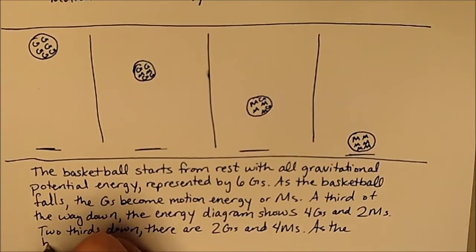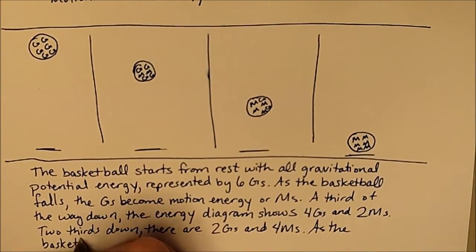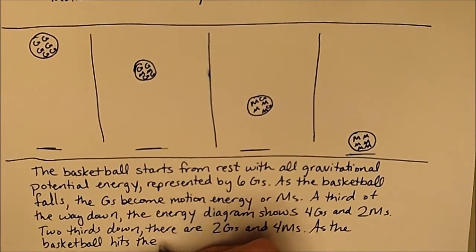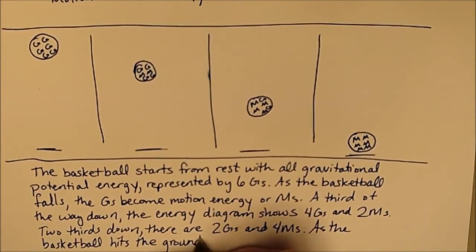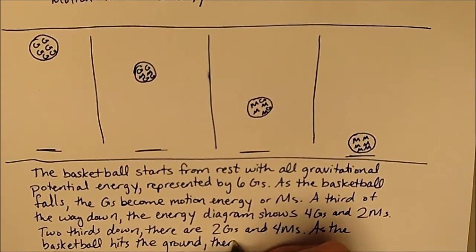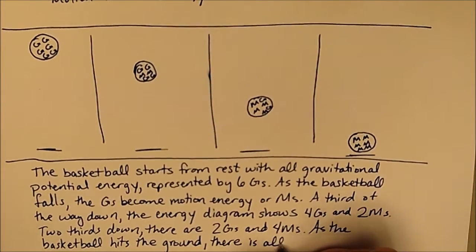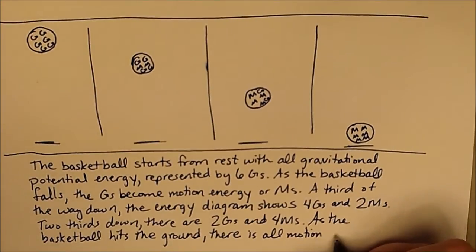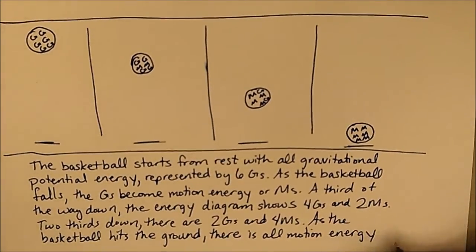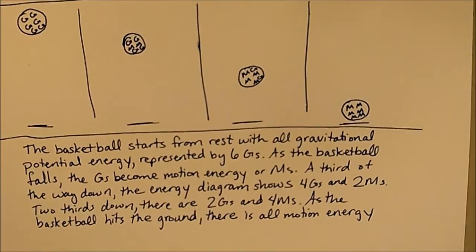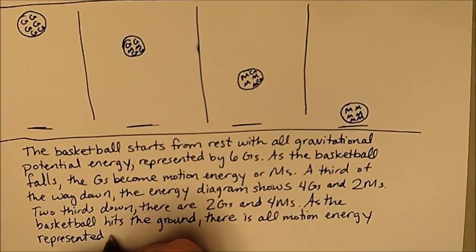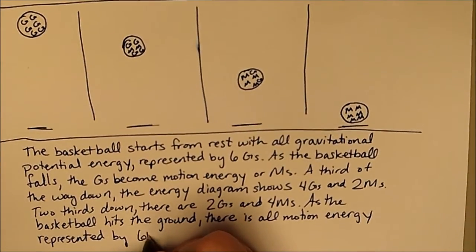As the basketball hits the ground, there is all motion energy. Motion energy represented by 6 M's.